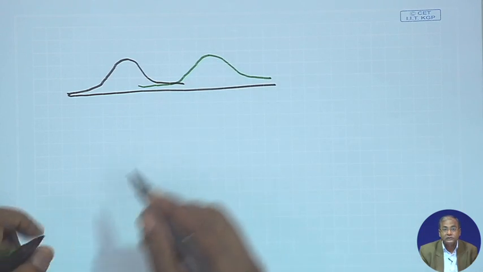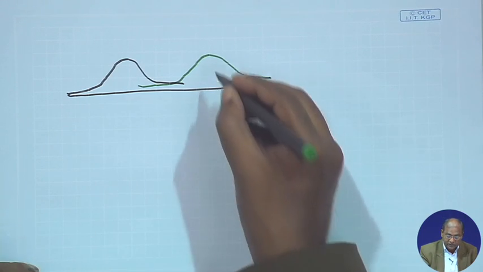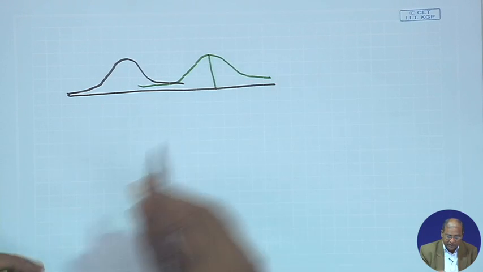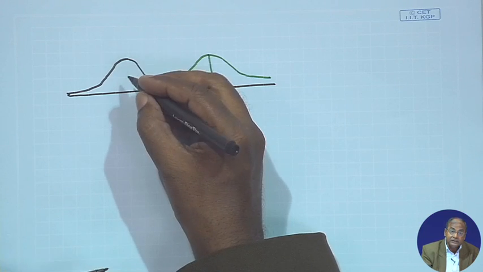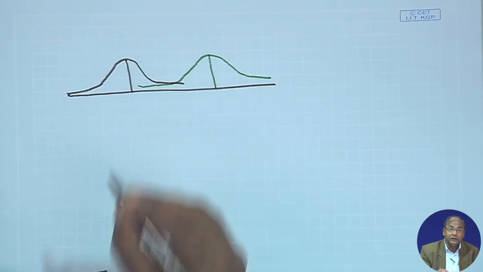Generally we use the Gaussian or normal distribution. In this case we have a certain value here, in this case we have a certain value here.